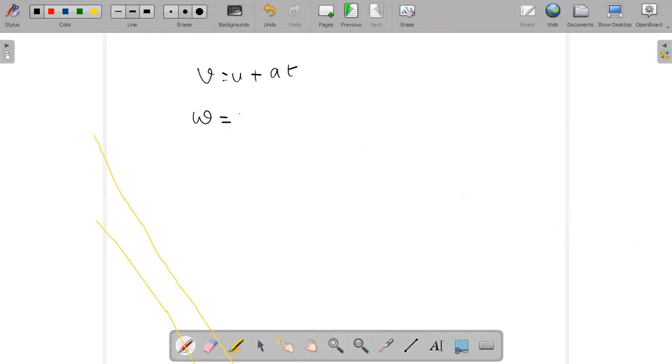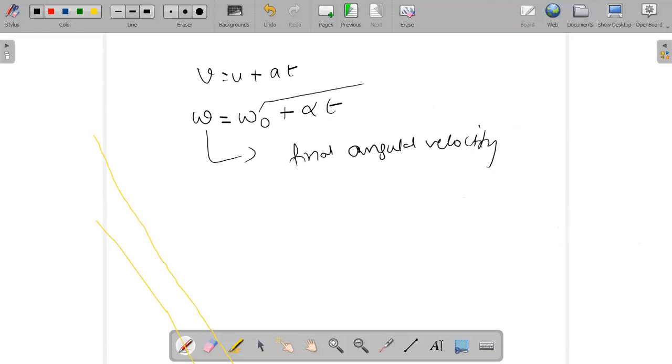So we'll write omega is equal to omega naught plus alpha into T, where omega is final angular velocity, omega naught is initial angular velocity, alpha is angular acceleration, and T is time.